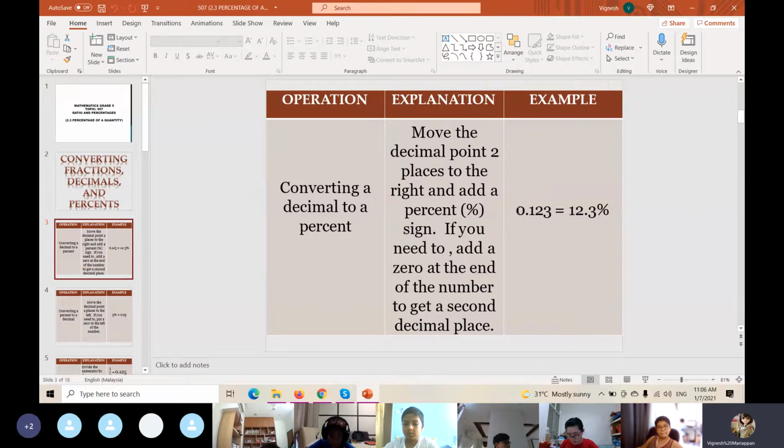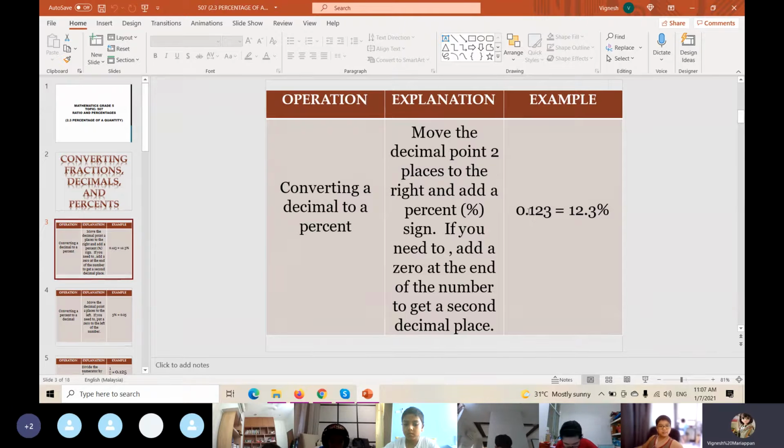The example is already given here. The decimal number is 0.123. If you want to convert the decimal to a percentage, you must move 2 decimal places to your right. Understand or not?